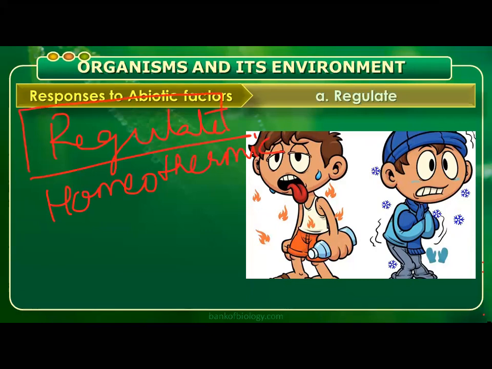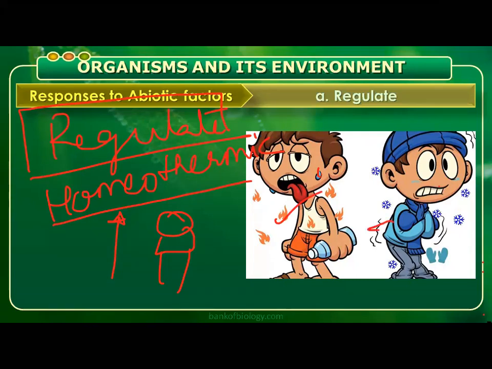So how do they regulate? That we have to see here. For example, take a human being. If the atmospheric temperature is high, how does he regulate? By sweating. If the atmospheric temperature is low, how does he regulate?